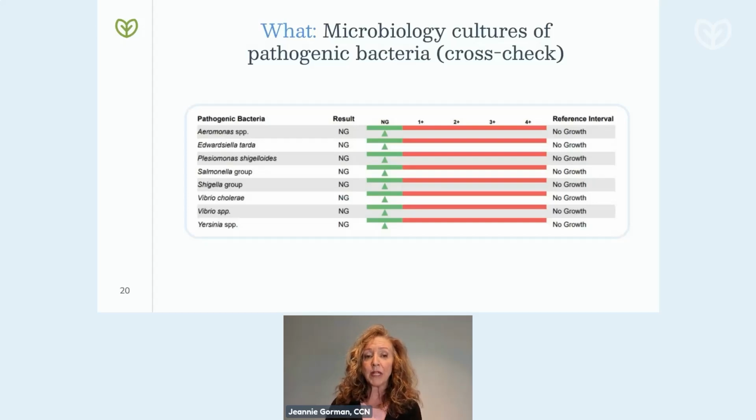If you find that same organism positive on a culture, obviously that would be an active infection and you would likely have symptoms. So it's a good cross-reference. Of course, we would not treat a PCR pathogenic bacteria finding without symptoms.